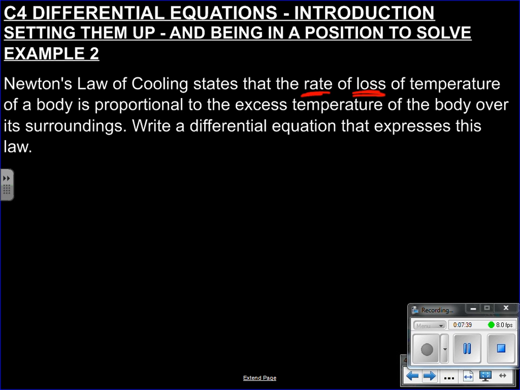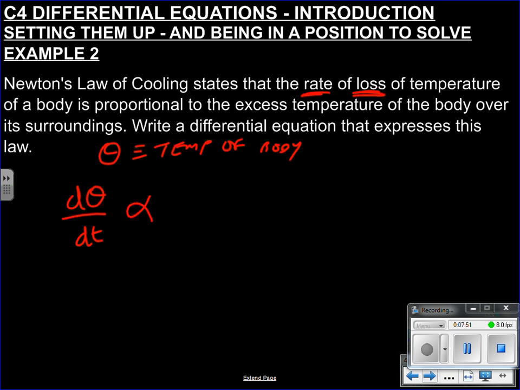So if we say theta is the temperature of the body, we're saying the rate of change of the body temperature is proportional to, it says loss, so minus. And now it's saying it's proportional to the excess temperature of the body over its surroundings.